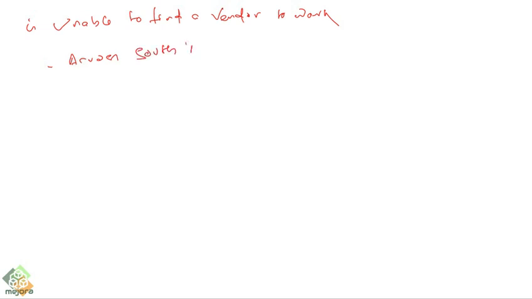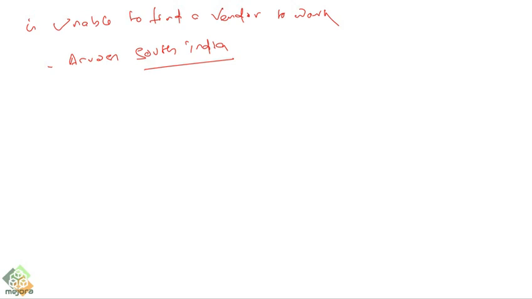If I write something like: infrastructure team is unable to find a vendor to work when needed for its projects across South India, or any geography. This is just an example, don't take it as it is.